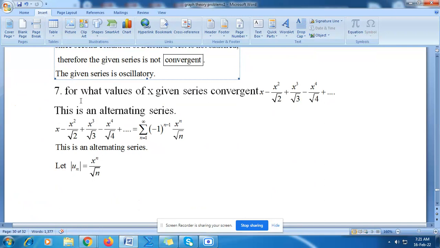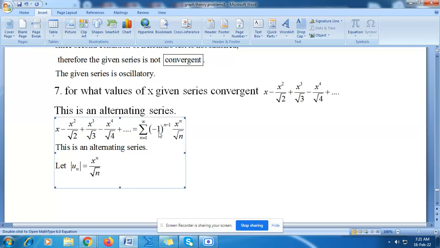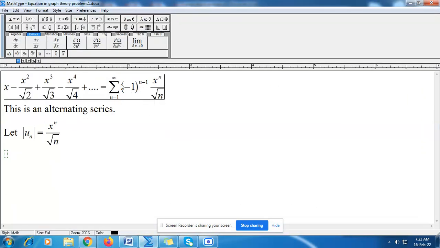Now, for what value of x is the given series convergent? x minus x square by root 2 plus x cube by root 3 minus x power 4 by root 4 plus so on. This is an alternating series, which can be written as sigma n running from 1 to infinity, (-1) whole power n minus 1 into x power n by root n, since the nth term of x, x square, x cube and so on is x power n, and root 1, root 2, root 3, root 4 and so on has nth term root n.